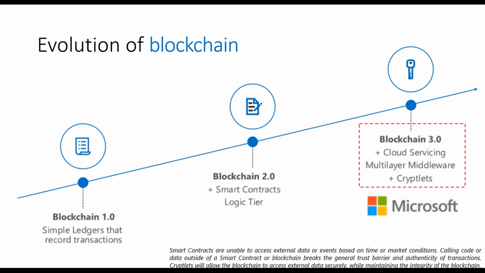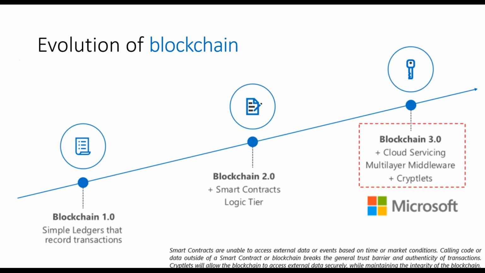Now, the real world is not an island, and we need to create a form of dialogue with a CRM system, with an ERP system, with a website, with an intranet, with an Active Directory where we store identities and so on, with SharePoint, with Office 365, with OneDrive for Business and so on. So we are missing in blockchain 2.0 the connection to the external world, to off-chain data.